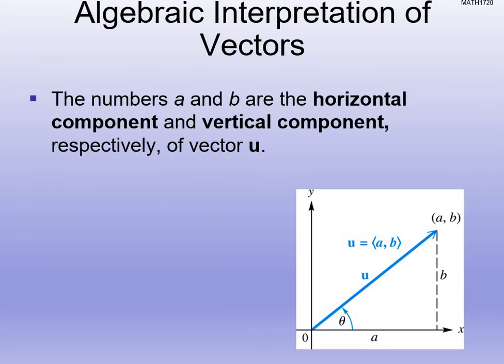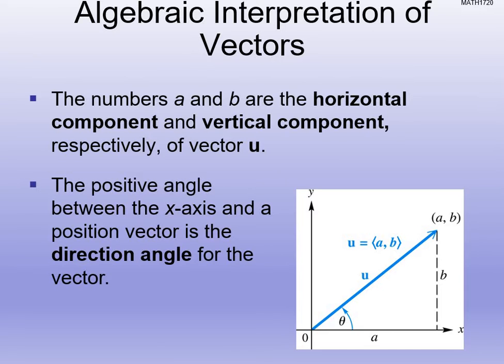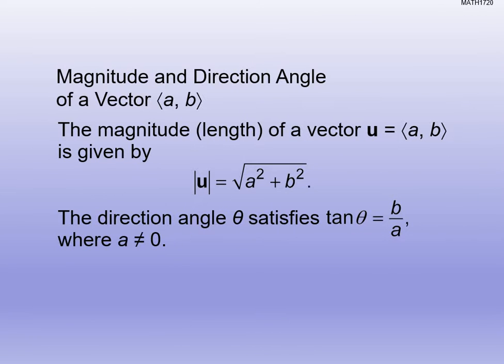What we call a and b are the horizontal and vertical components of u, where a is the horizontal component, or your x value in the Cartesian coordinate system, and b is your vertical component, the y value. So the angle is positive from the x-axis in the counterclockwise direction, just like we started out in this unit, measuring angles.